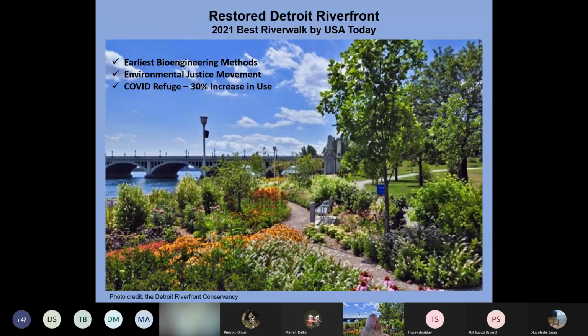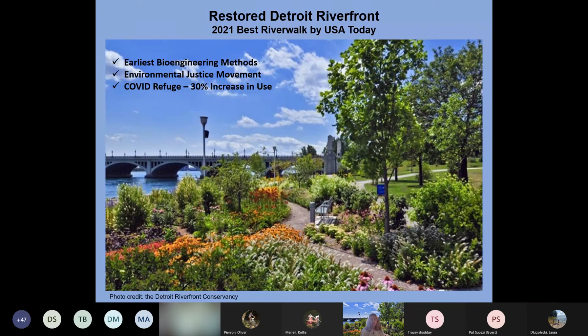It has helped advance the environmental justice movement, which is an effort to clean up and restore healthy environments, especially in impoverished communities, which exist closest to polluted, degraded areas. And thirdly, during COVID, this river frontage became a refuge for many, with an increased use of 30% by the Detroit population.